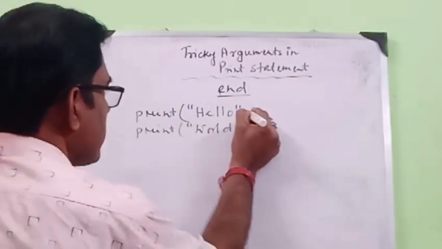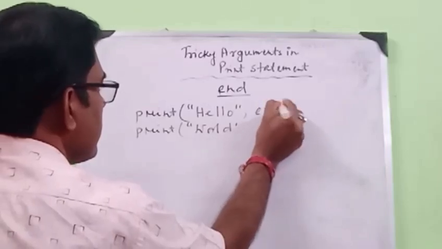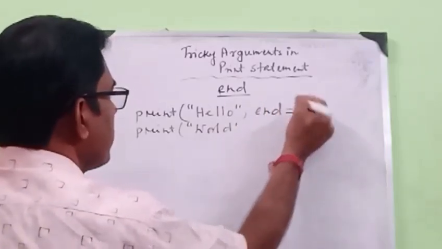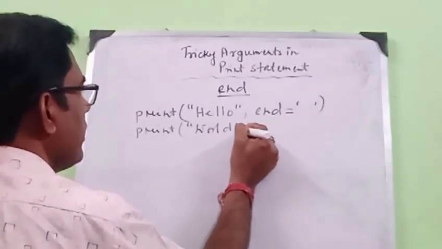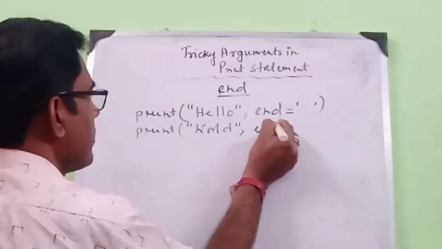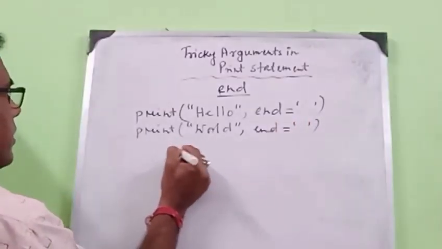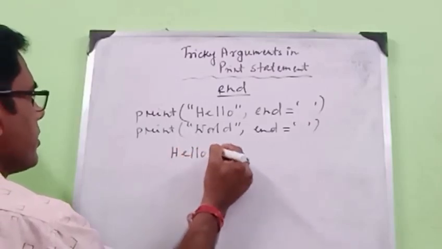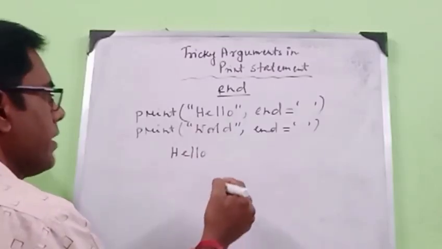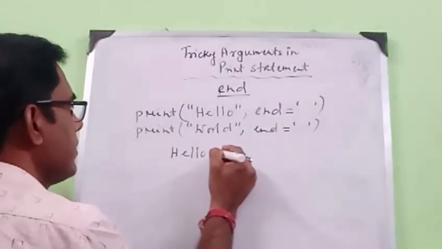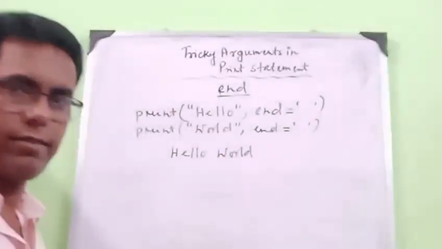If we write the argument end after hello, and give some space after that, and do this for each line we print, then if we execute the program, the output will show the result of the two different print statements on the same line.